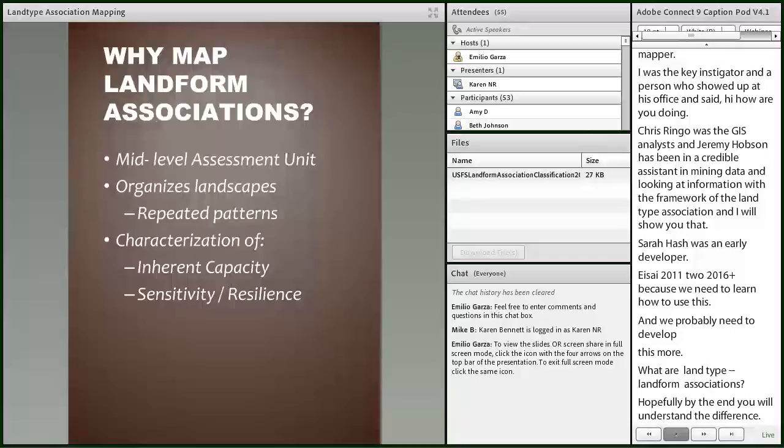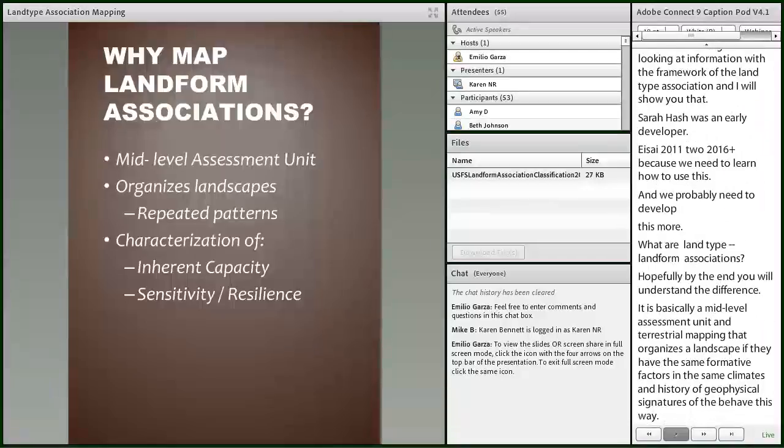So you can better learn a portion of an area and then extrapolate it to a larger area. So hopefully we've at least initiated that. And it helps also with a better understanding of the inherent capacity of different landscapes for many things, for erosion, for productivity, for habitat characteristics, and it helps us understand the sensitivity and resilience of that landscape.